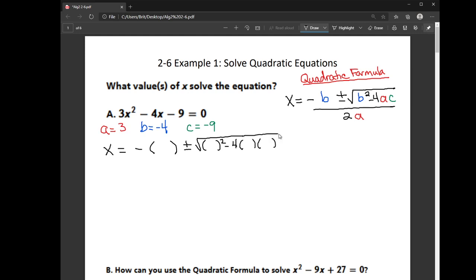Now it's important that when you're doing this, that you fill in the blanks with parentheses. Okay, because something like -3 squared, that's not the same thing as (-3) squared. So just be aware that those parentheses are important, or else you're going to get messed up.